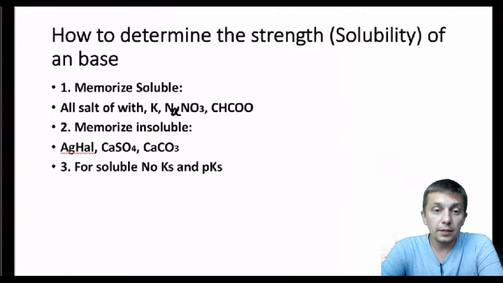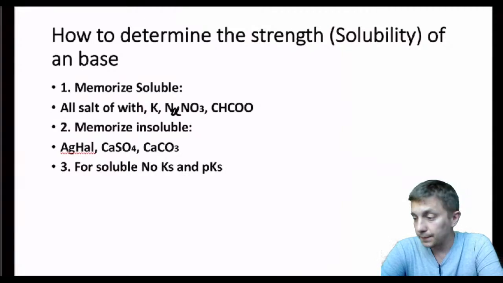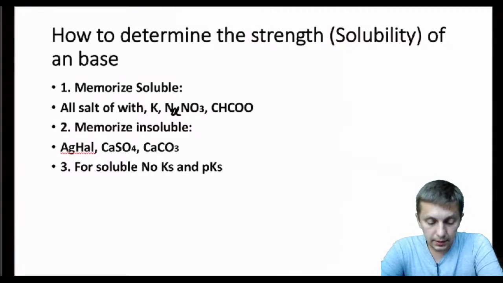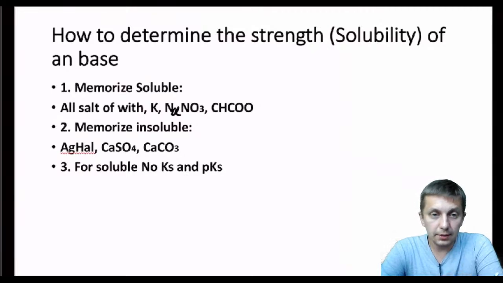Another way to find if it's a strong electrolyte or weak electrolyte is Ks. We discuss it next week. If in a table you see Ks, the constant of solubility, or pKs, the power of the constant of solubility, the salt is insoluble.